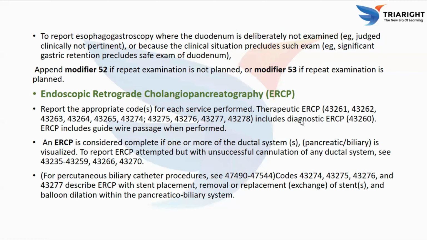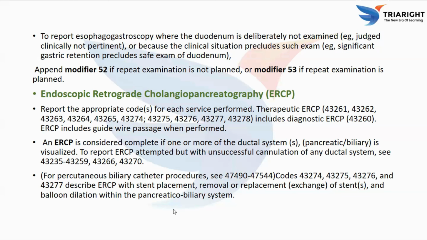Whereas for therapeutic ERCP, the codes are from 43261 to 43265 and 43274 to 43278. So what is an important coding rule here? Do not separately code diagnostic ERCP 43260 when a therapeutic ERCP is performed.